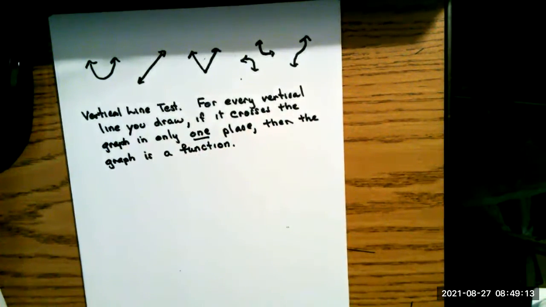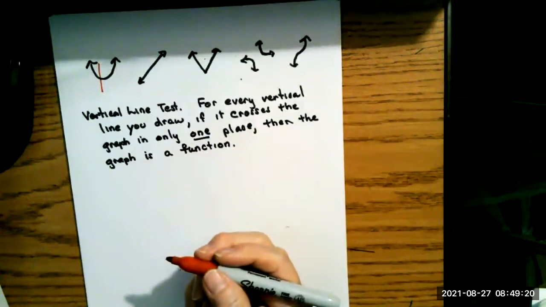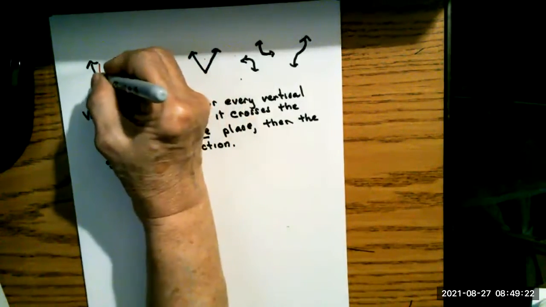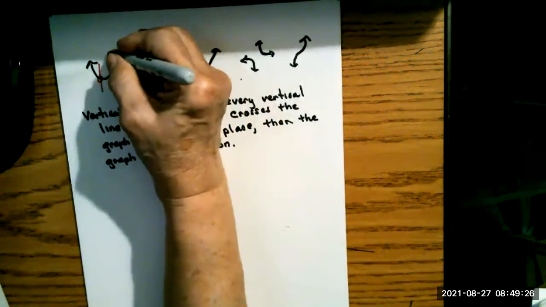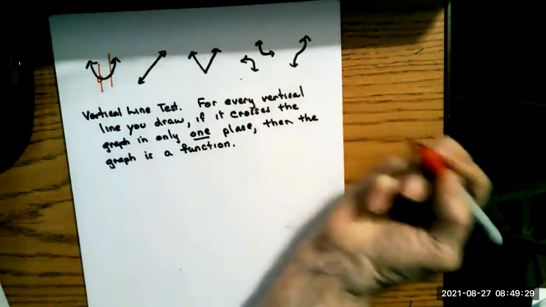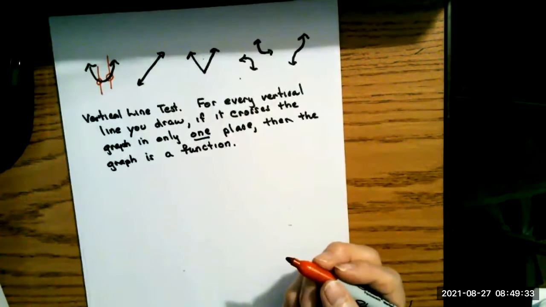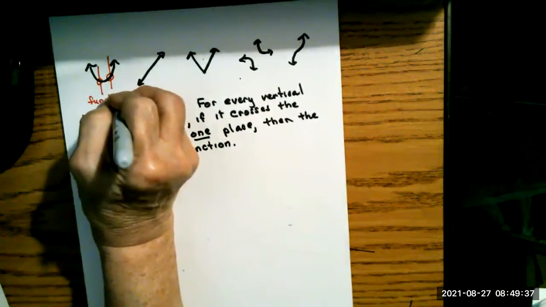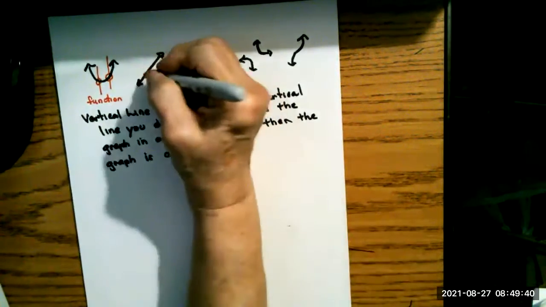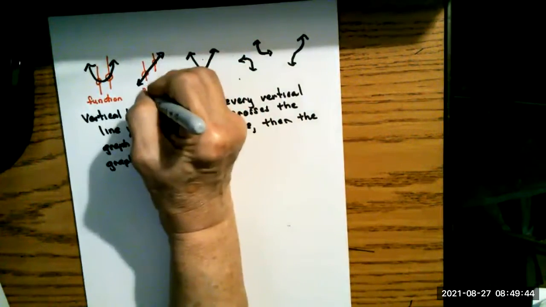All right, so the vertical line test, I'm going to change my pen color and show you how this works. If you draw a vertical line down the graph, you check how many places it crosses. Oh, that one's just one. Do it again if you want to, and for every vertical line that you draw, it only crosses in one place. So this one is a function. Same thing is true with your line. It is a function.